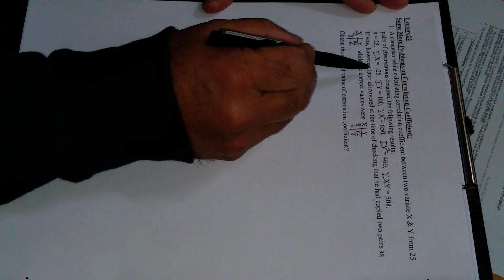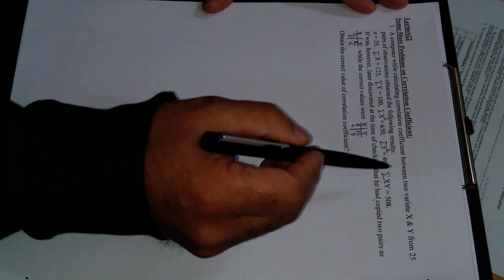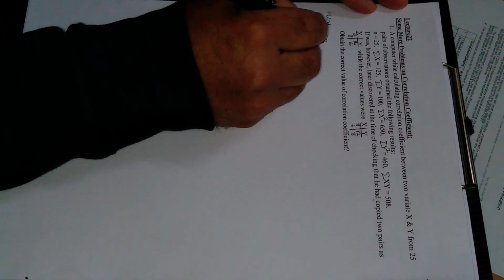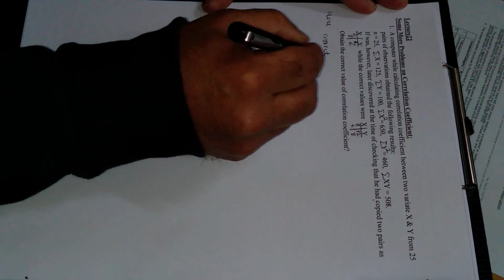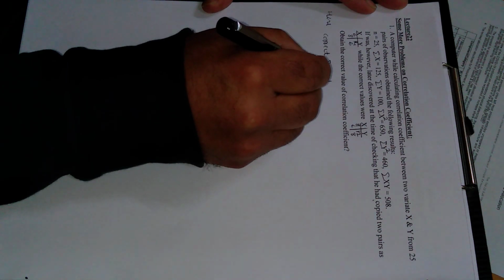It means first of all we have to correct all of these: summation x, summation y, summation x square, summation y square, summation xy. So here, correct summation x. This is given to be 125. These are the wrong pairs.